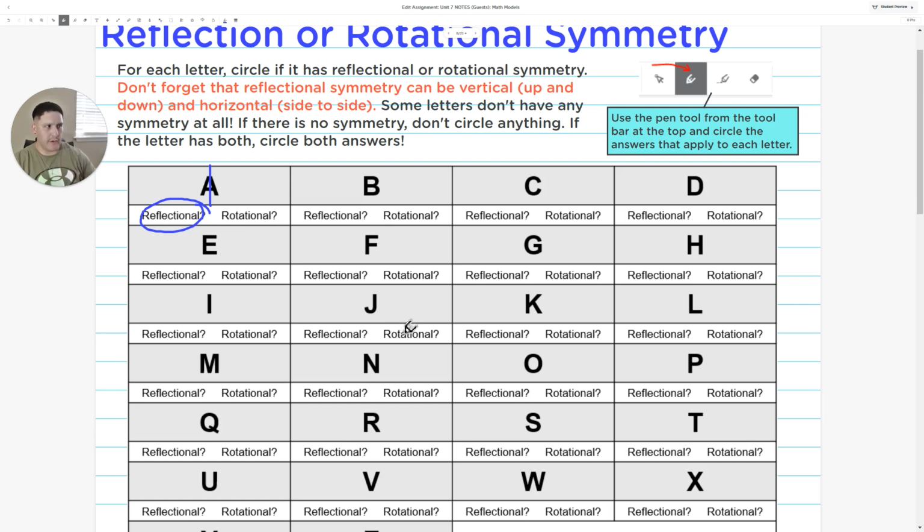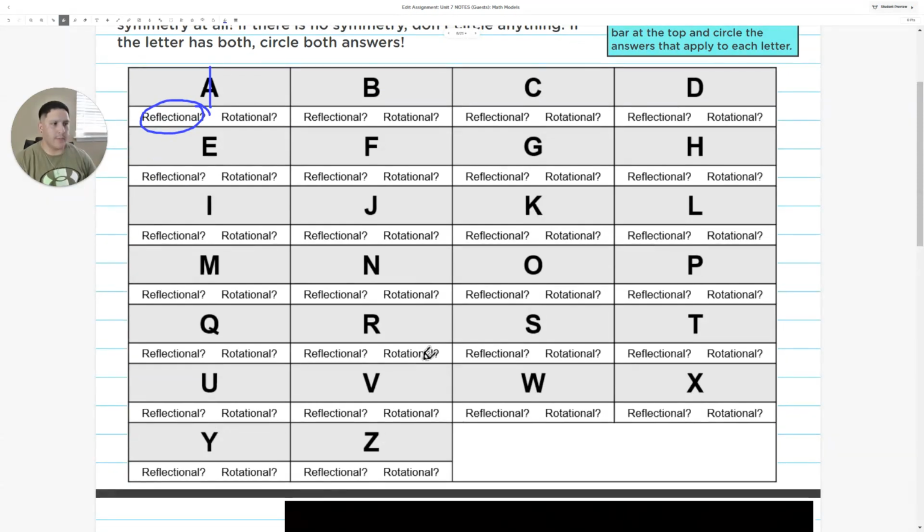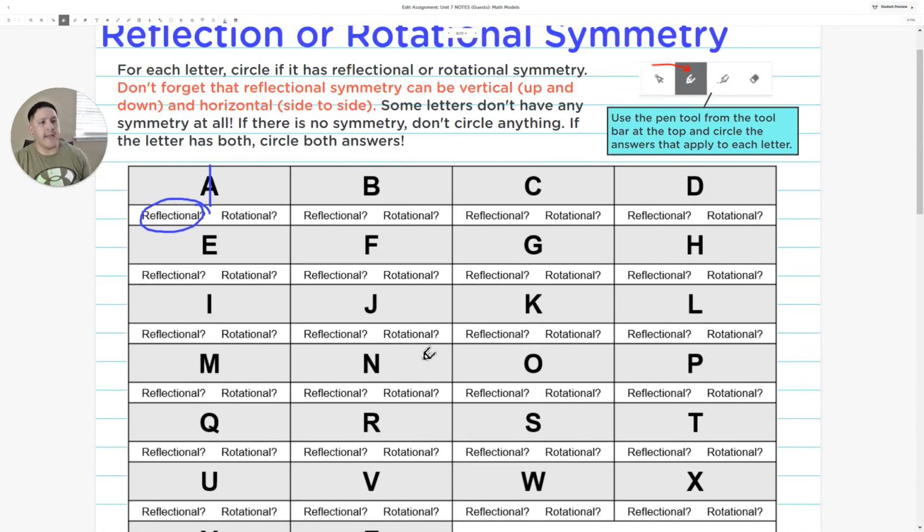Sorry, trying to look for another letter that I can help y'all with. So the N, is it reflectional? Can I create a line that will reflect from one side to the other? And I believe not. There is no reflectional going on with it.